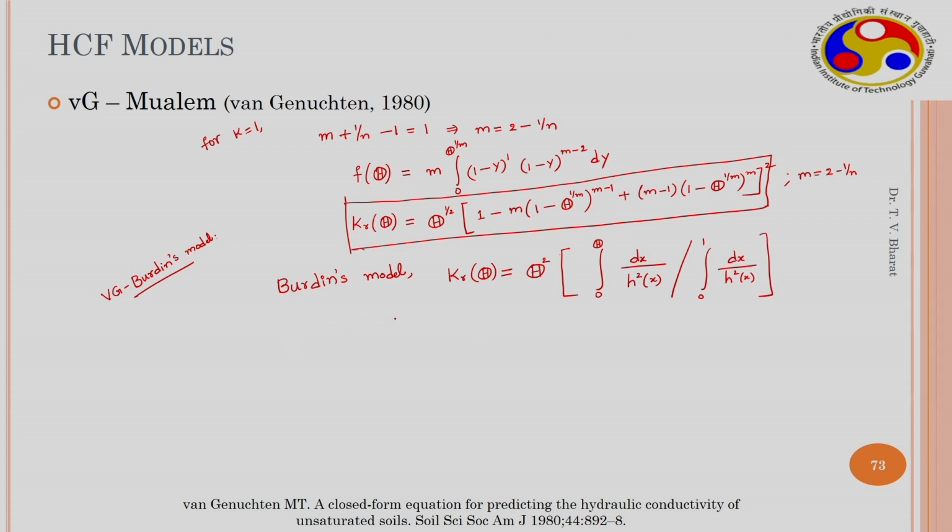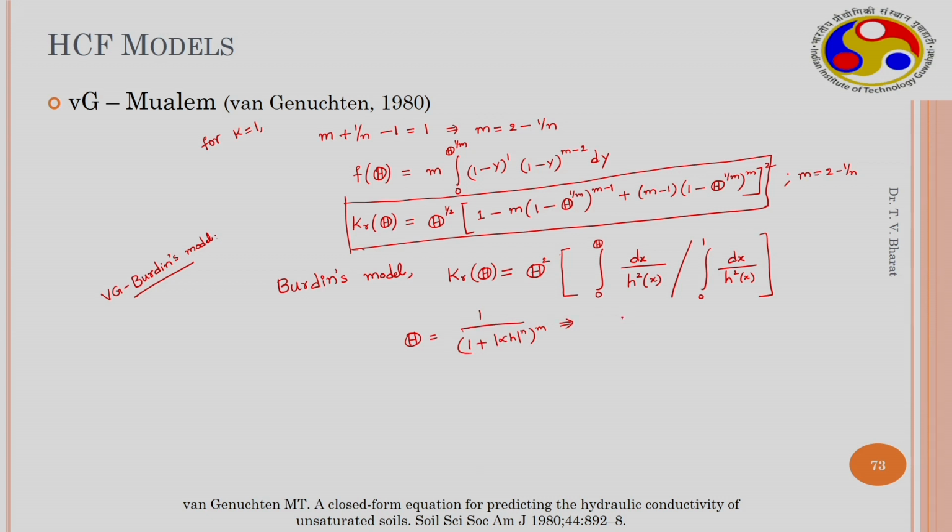So, by inverting the Van Genuchten equation, big theta is equal to 1 by 1 plus alpha h power n, whole power m.